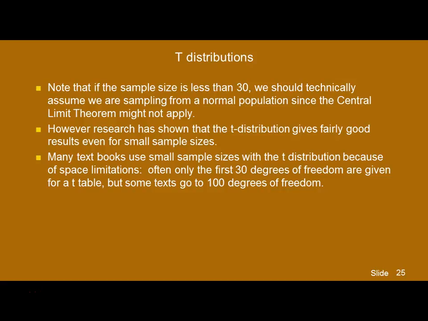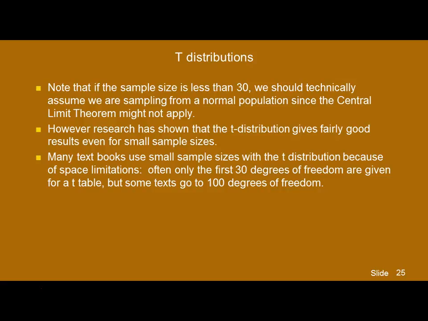One of the reasons why a lot of textbooks use small sample sizes with the t-distribution is largely because of space limitations. Some books only give you the first 30 degrees of freedom, others go up to 100 degrees of freedom. But as I said, the t-distribution gives us pretty good results even with small sample sizes.